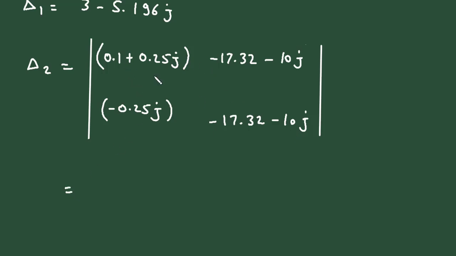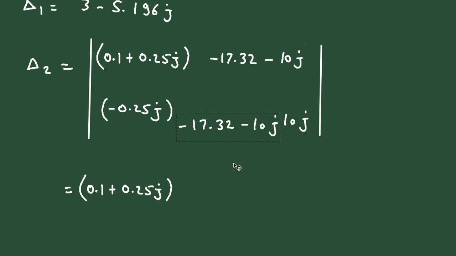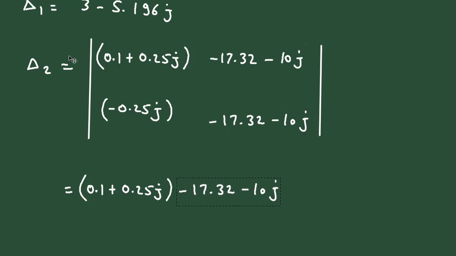So this term multiplied with this term, then minus this term, minus 0.25 minus 0.25j multiplied with this term.